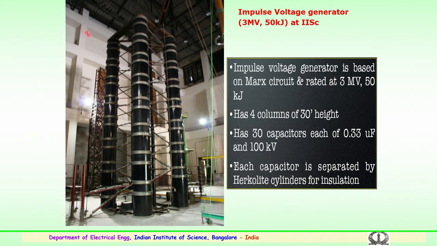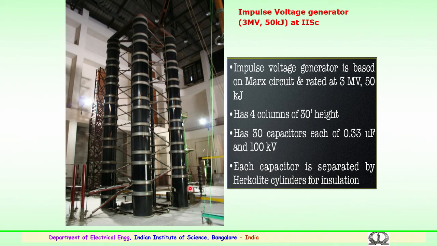So, we have 30 capacitors, or 15 stages with 2 capacitors each stage, with a rating of 0.33 microfarad operating at 100 kilovolts. You can see that the capacitor is housed between two aluminum rings inside a black Herculite insulating chamber, 2 capacitors in each block.